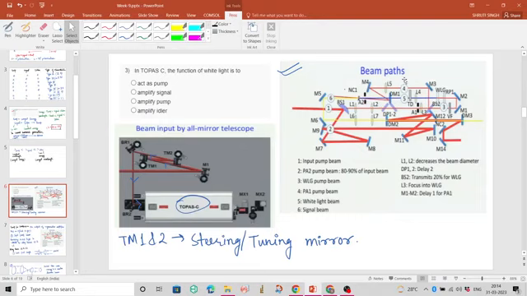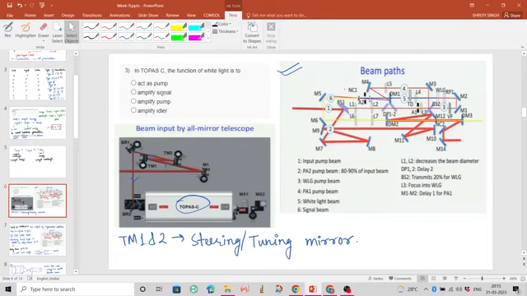White light is generated just to have a wide wavelength range available, so we can choose any one of them to amplify. That's why we first generate the white light here using the sapphire crystal. So the answer to this question should be to amplify signal. The white light is used to amplify the signal.